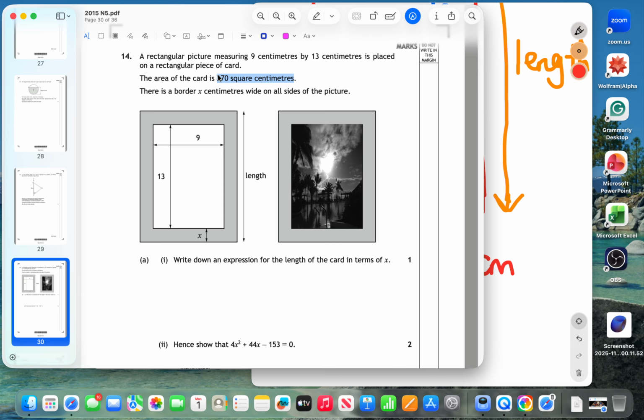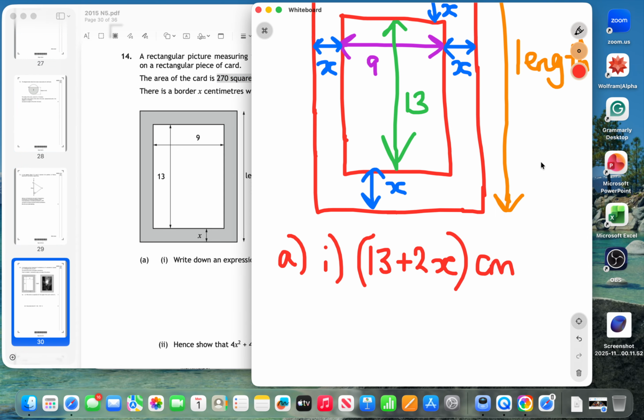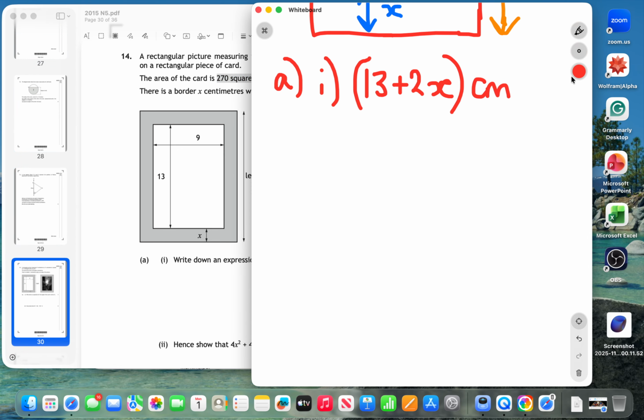So if you find an expression in terms of X for the area of the entire card, including the border, then you equate it to 270. That could be a possible solution. So let's give it a go.